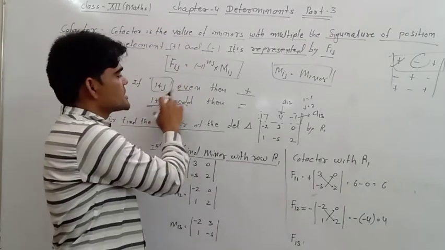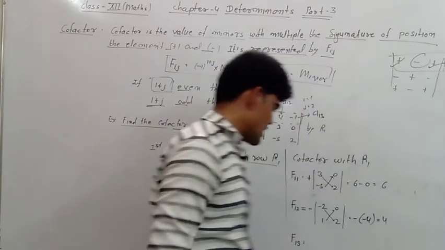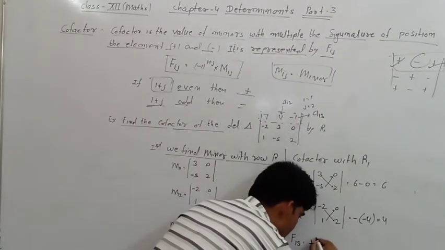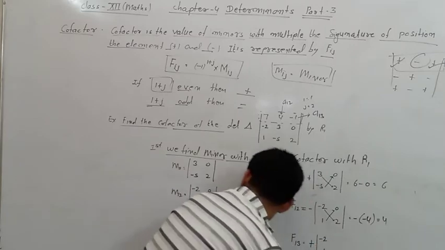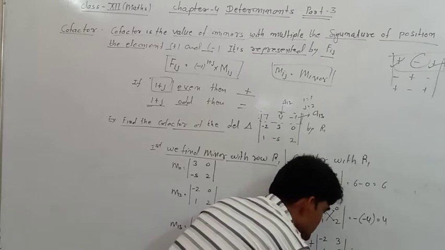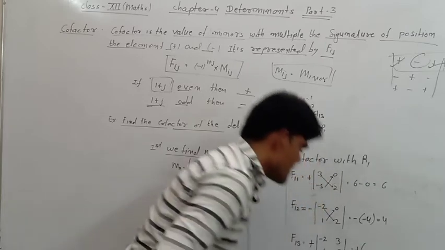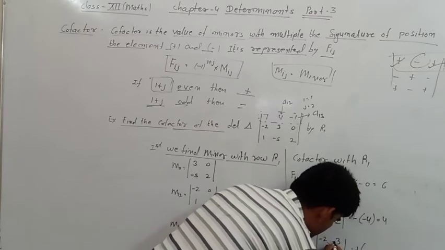If i plus j is even, then we use positive. So plus, and the minor minus 2, 1, 3, minus 5 equals minus 2 multiplied by minus 5 minus 1 multiplied by 3.